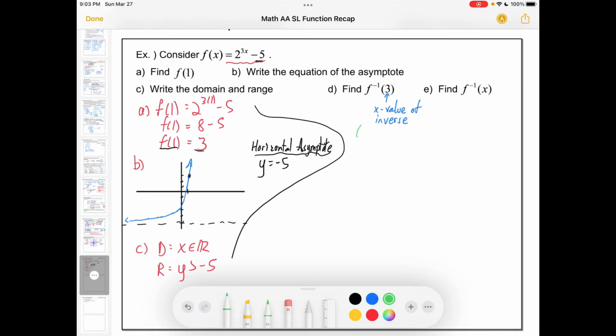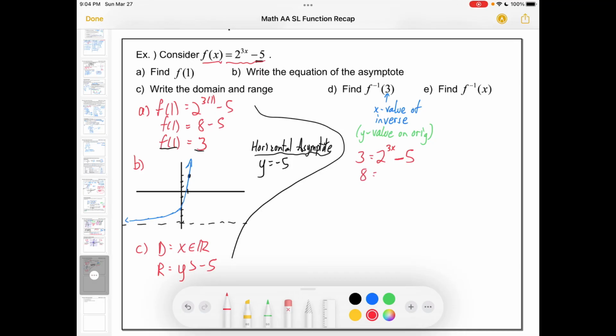That means that it is a y value on the original. So rather than finding f inverse of x, what we could do is just put that 3 in for y, or for f of x, in the original. So we could say 3 equals 2 to the 3x minus 5.